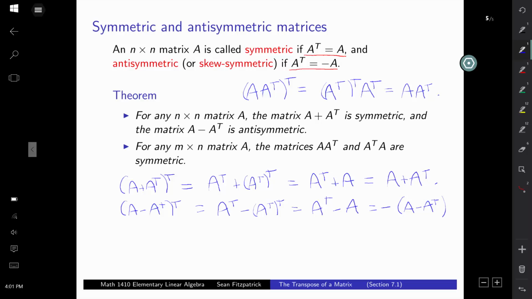Now, one thing that you might notice is the following. I could take my matrix A, take these two, and add them together. What do I get? The transposes cancel out, and I'm just left with 2 times A. So dividing by 2, I can write A as 1/2 of A plus A transpose, plus 1/2 of A minus A transpose.